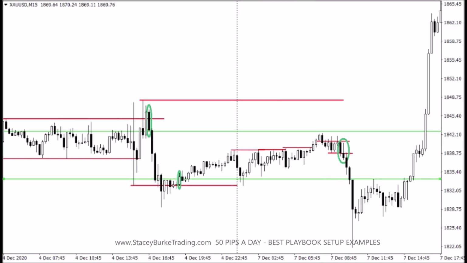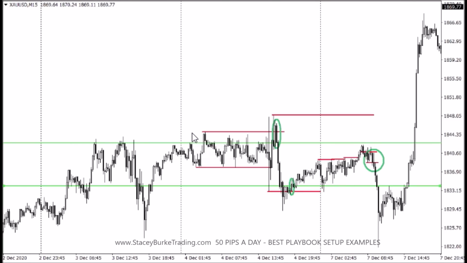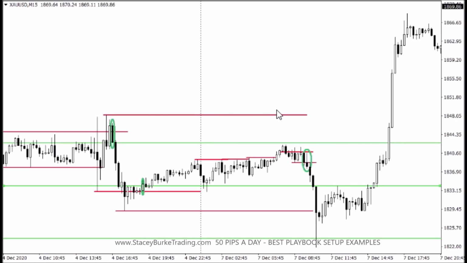And not only a move through Friday's low, but Thursday's as well. So we have Friday's low taken out, which obviously it blew through and pinned right through to Thursday's low.